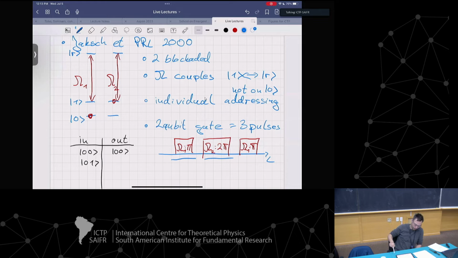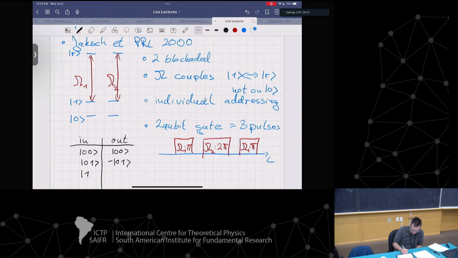It does a 2 pi rotation, comes back to the 1 state. And then this last pi pulse doesn't do anything because my first atom sits here. So you could think nothing happened. But actually, when you do a round trip like that on the Bloch sphere, you come back with the same population, but you pick up a geometric phase of pi. So it actually comes back as minus 0, 1.